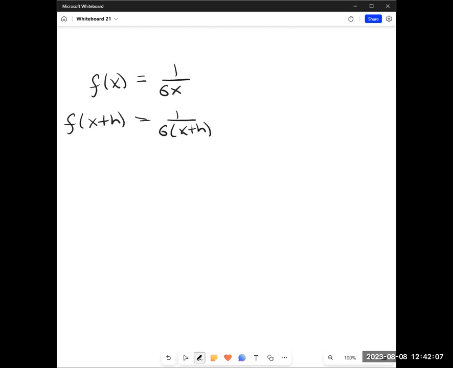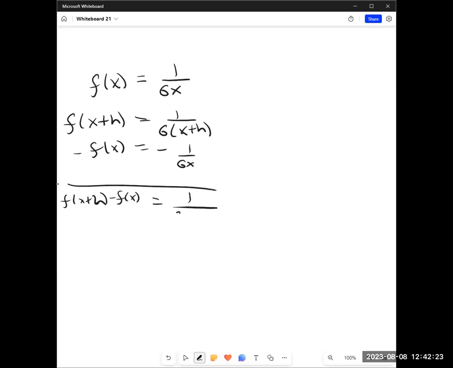When I subtract my f of x from that, I get my f of x plus h minus my f of x, which is subtraction of fractions. And I want to make a common denominator here. So I'm going to multiply here by 6x over 6x, and here by 6 times x plus h over 6 times x plus h.